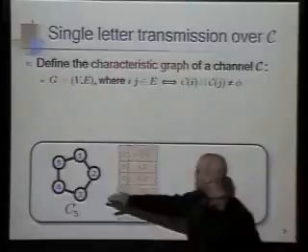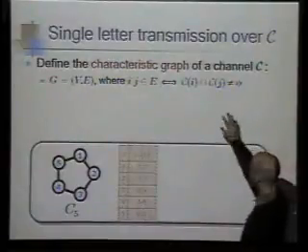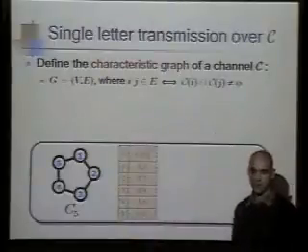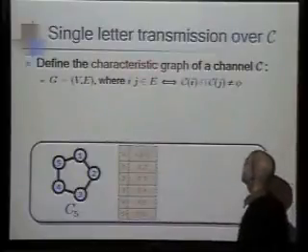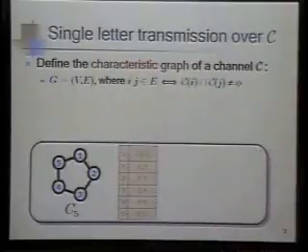So we have this pentagon form right here, and we write a graph which embeds our information of the channel by connecting two input letters with an edge if and only if they're confusable in the channel. This is a good illustration of everything that we need to know to deduce the optimal rate, as Shannon had noted.